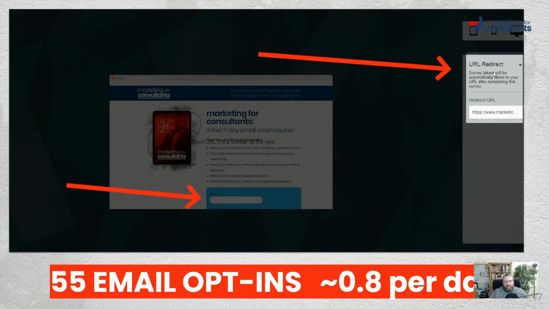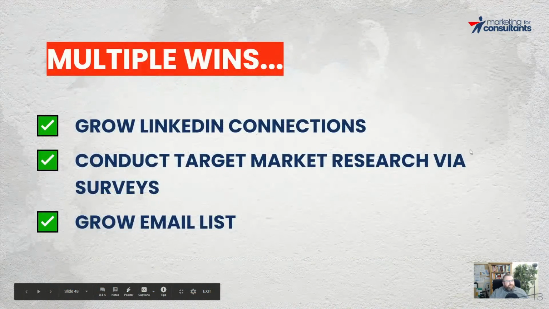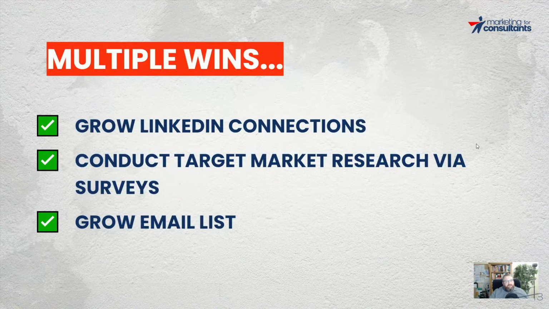So at the end of the survey, you can put in a redirect. And I got a huge number, and it's a lot bigger than that now. I think I've grown my email list to about 450 on the back of this process. So there's lots of wins here. I've grown my LinkedIn connections. I've got a huge amount of information from this research, and I've grown my email list.